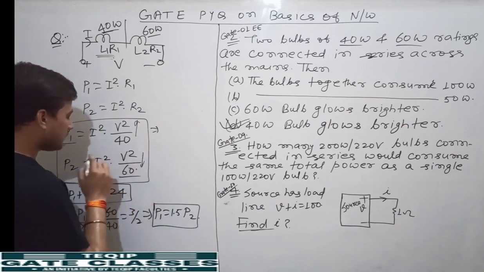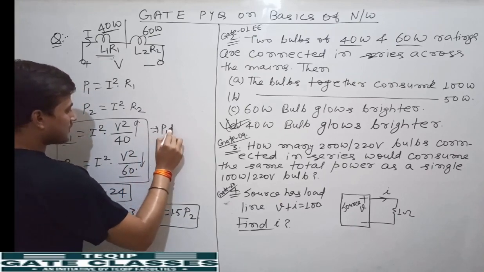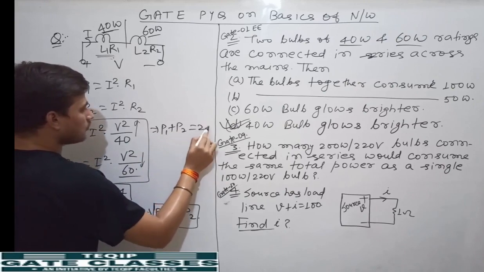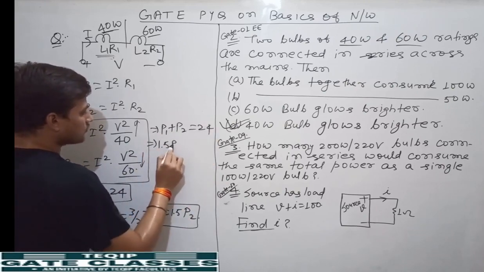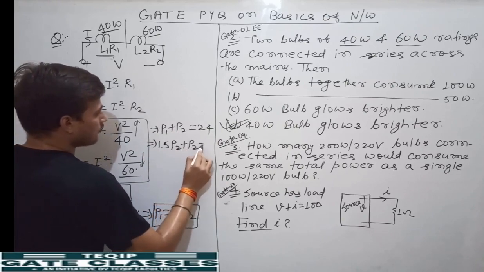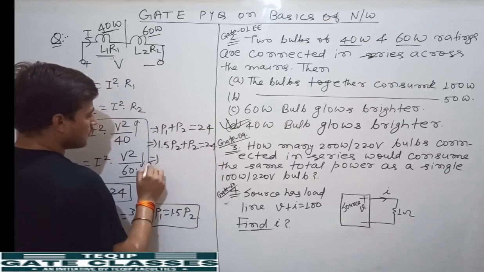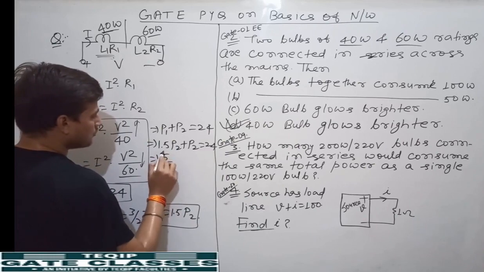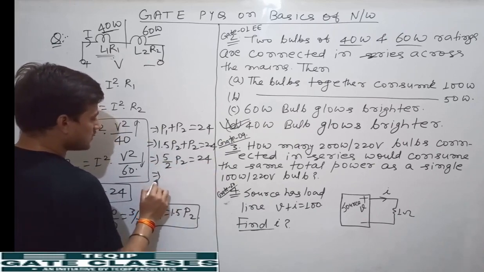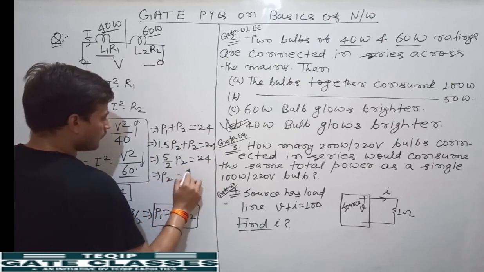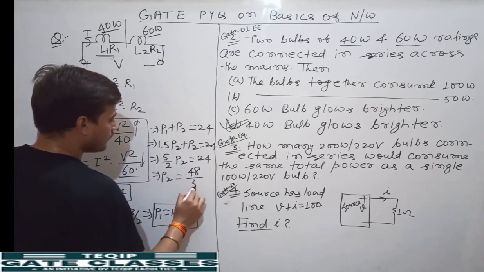From here you can easily write P1 plus P2 is equal to 24. That means instead of P1 you write 1.5 P2 plus P2 equal to 24. That means 5 by 2 P2 is equal to 24. That means P2 is equal to 48 divided by 5.